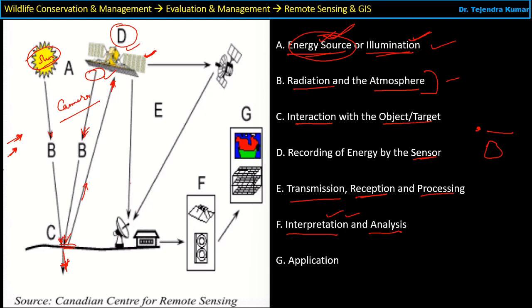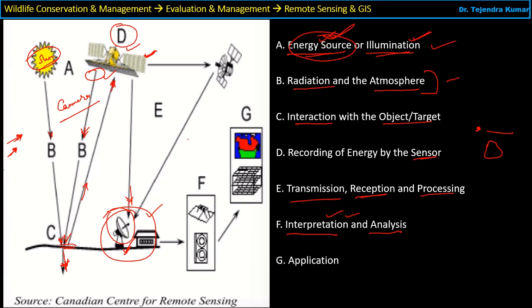After this, the energy recorded by the sensor is sent, or transmitted, to the digital platform which is available on the surface, or on the ground based system, which I will explain in the next slide later on.